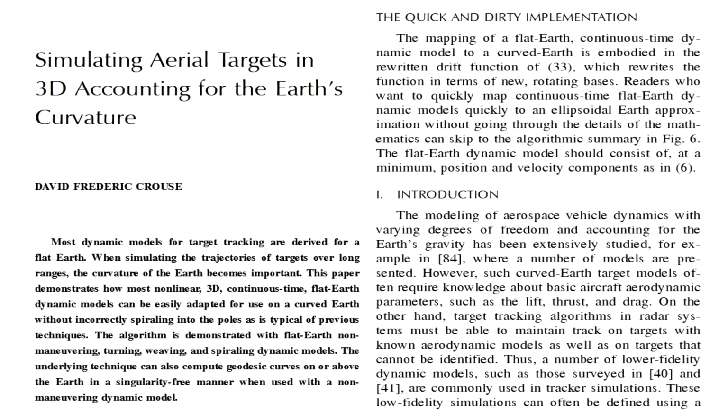49. A U.S. Naval Research Laboratory report published in 2014 titled "Simulating Aerial Targets in 3D, Accounting for the Earth's Curvature," began with the words, "Most dynamic models for target tracking are derived for a flat Earth," and claims that, quote, "This paper demonstrates how most nonlinear 3D continuous time flat Earth dynamic models can be easily adapted for use on a curved Earth."